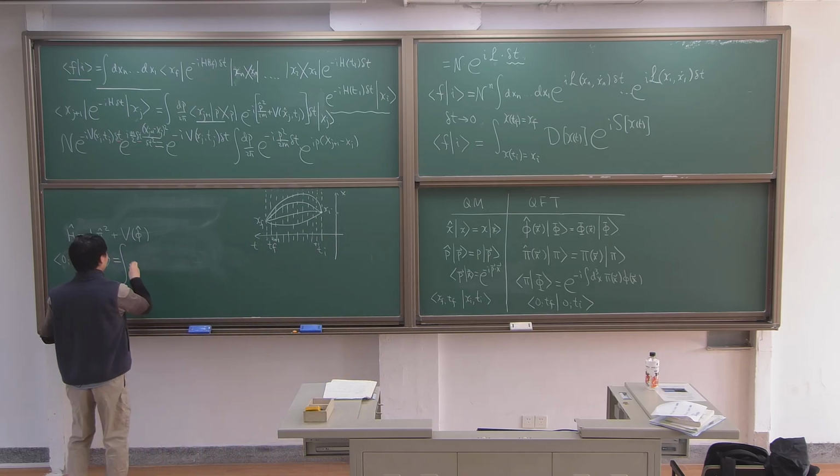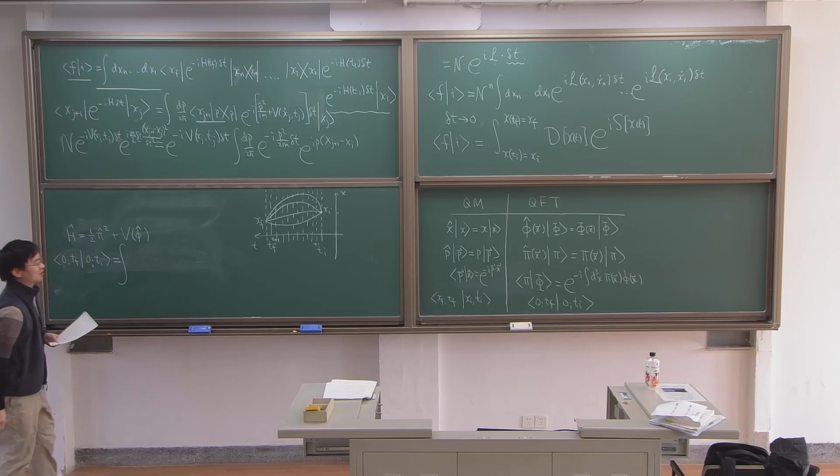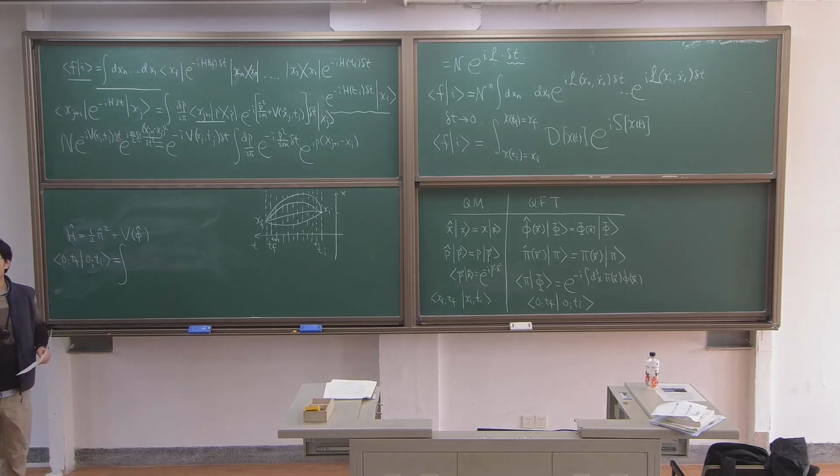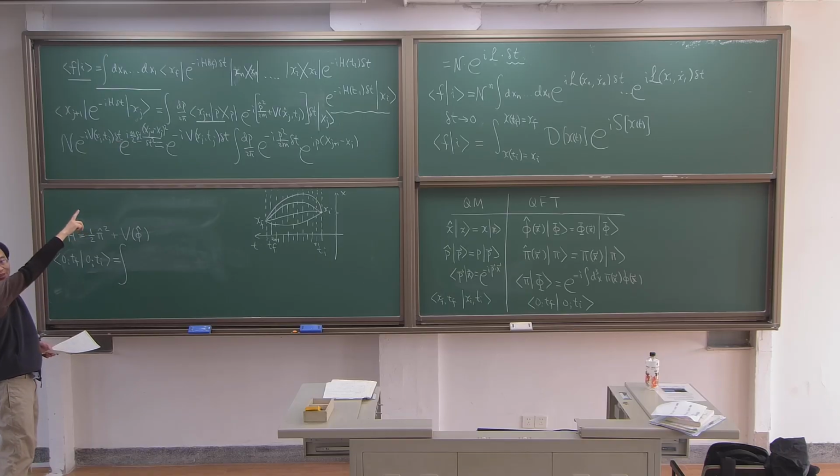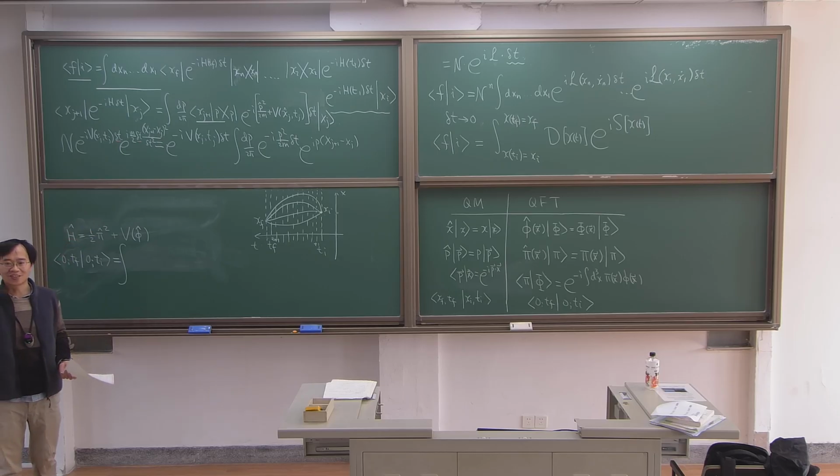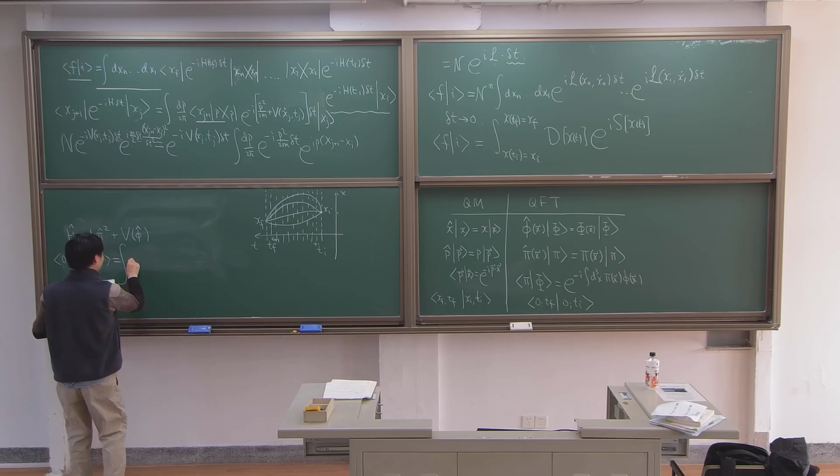Anyway, in terms of formulas, picture-wise, it's a little bit complicated. But algebraically, it's really straightforward. Just replace everywhere the x by the phi, and the p by the pi. That's it. Algebraically, it's very straightforward.